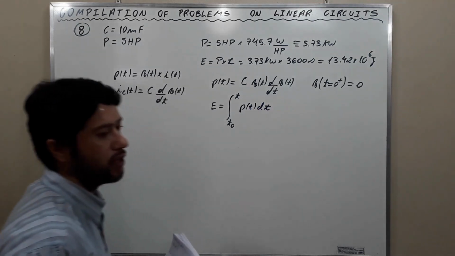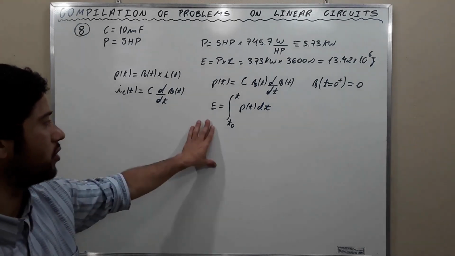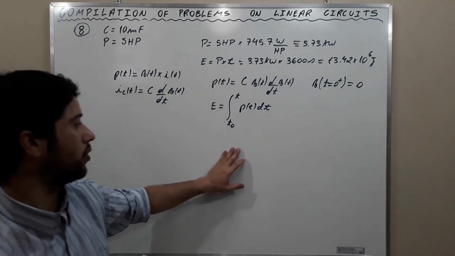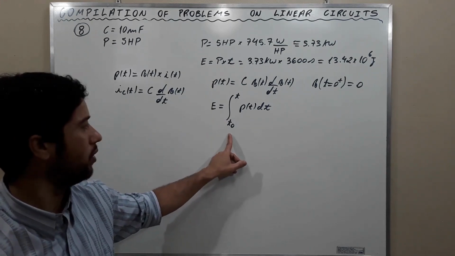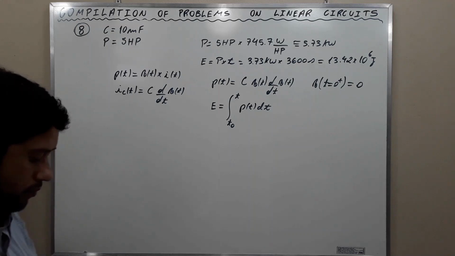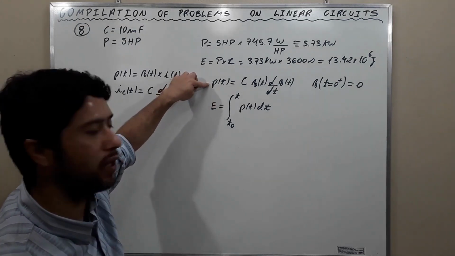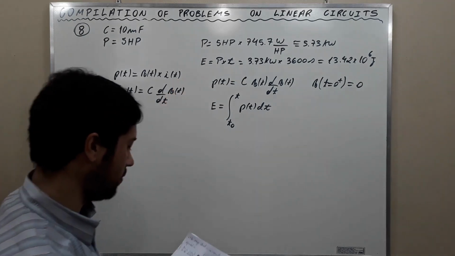Okay, this is the definition. This is the broadest definition of energy. Okay, it is the integral with respect to time of the power. And we are going to express power in this way here. Okay?